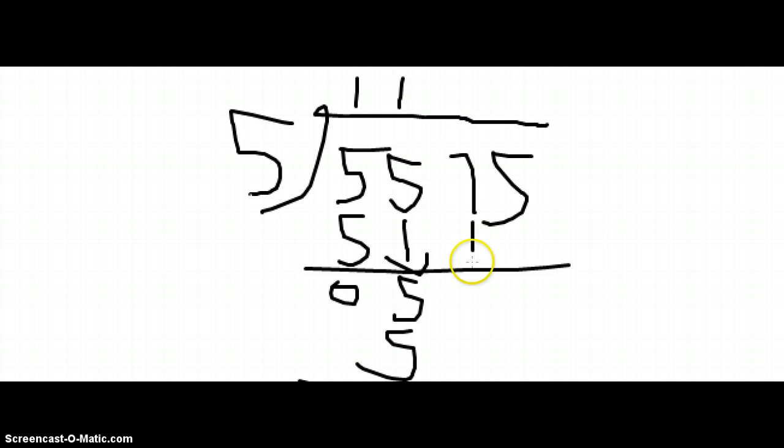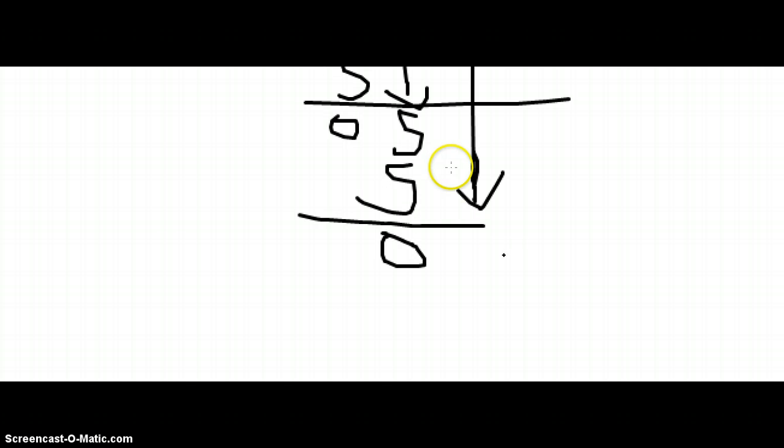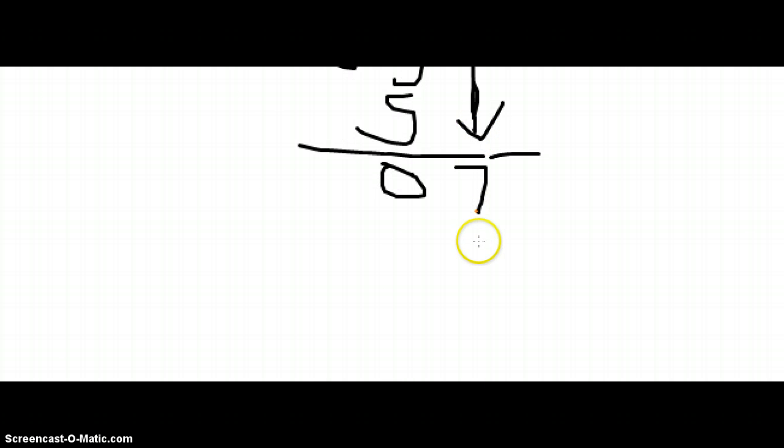Now we're gonna bring the 7 down and get the answer 7 here. After 7, we're gonna divide it and write 5 here again. Then we're gonna put 2 down.